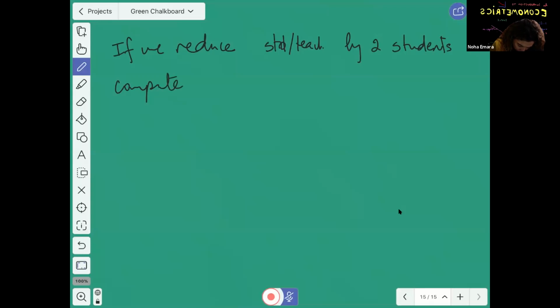Compute the change in test score, okay? Let me write it here again just for convenience, because the previous slide is getting messy.